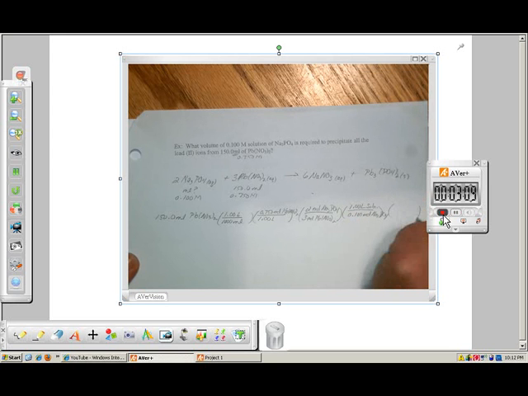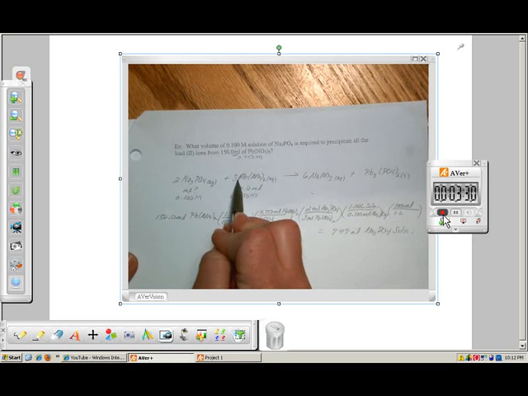If we're getting milliliters, we know that 1 liter is 1,000 milliliters of the sodium phosphate solution. So doing this math, we get 747 milliliters of the sodium phosphate solution would be required to precipitate all of these lead ions.